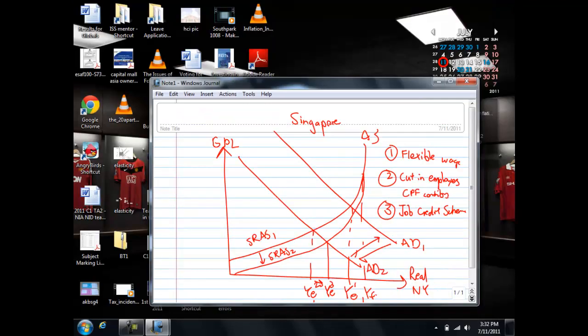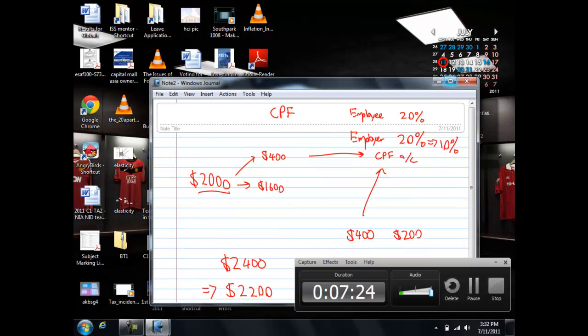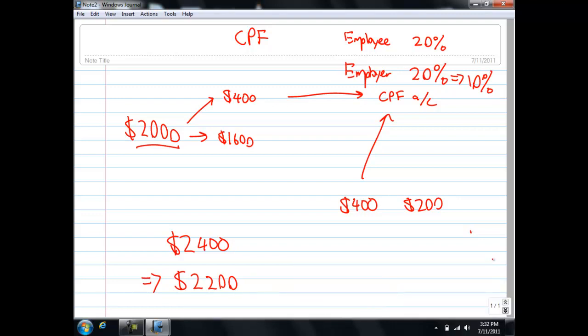With job credit scheme, let me switch back to the old note. Firstly, under policy 2, you can see that when there's a cut in the employer CPF contribution, your CPF account actually does not go up as much when the employer CPF contribution is cut.